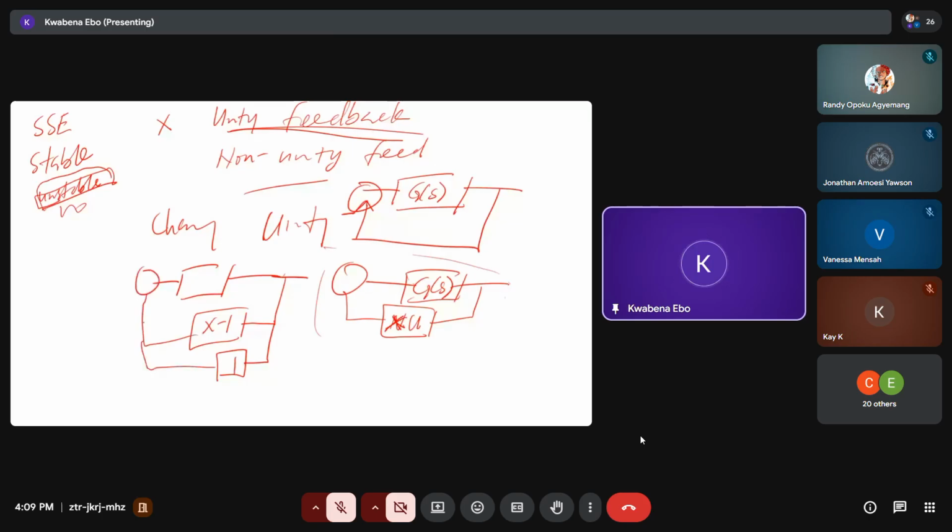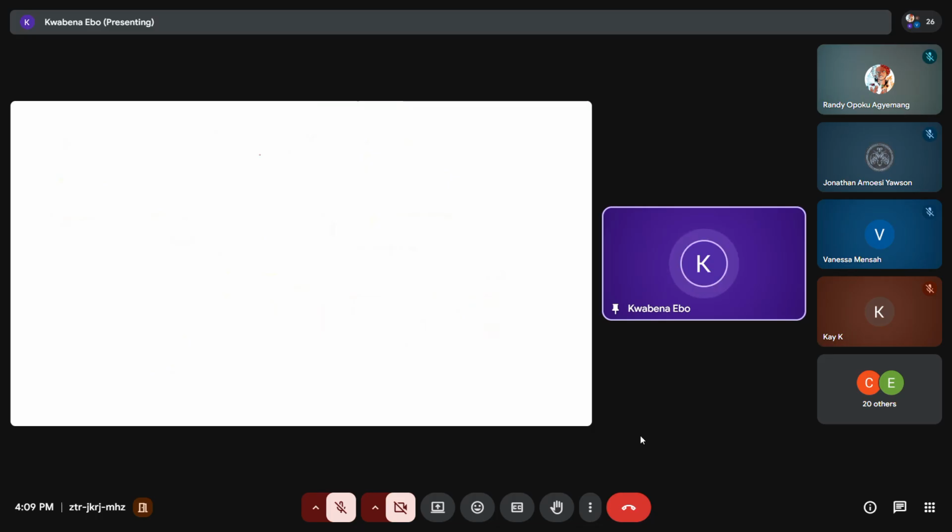For parallel systems we add the gains, so we add gain 1 to gain 2.